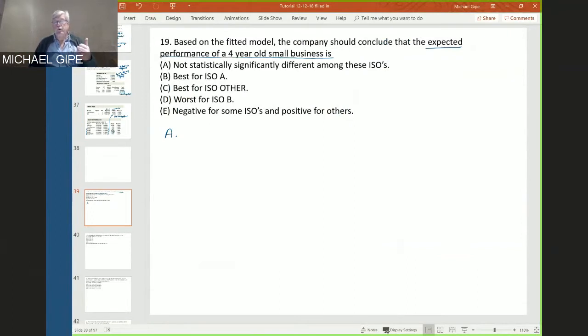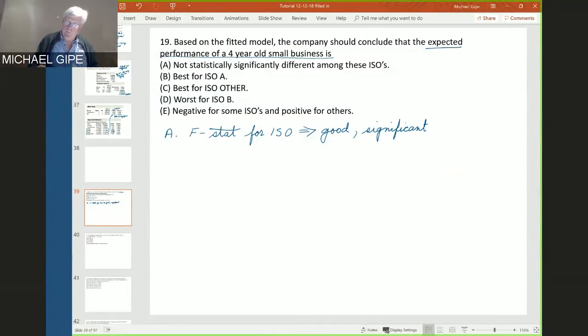In other words, if we have a 4-year-old company, does it matter whether it's an A, B, C, or other? And since we looked at the partial F for ISO, it is good, and therefore it is significant. So the impact of the type of ISO is significant. So A is not a correct answer.